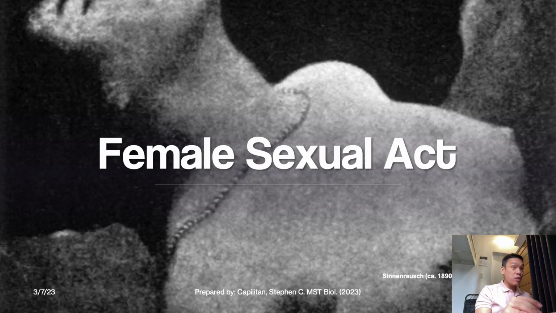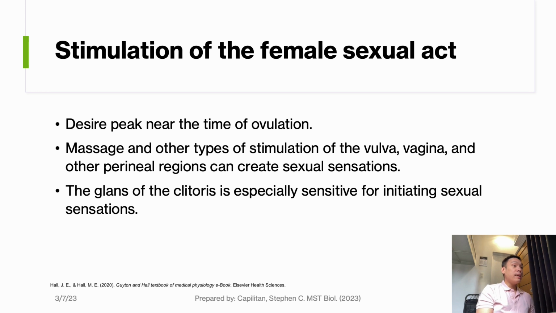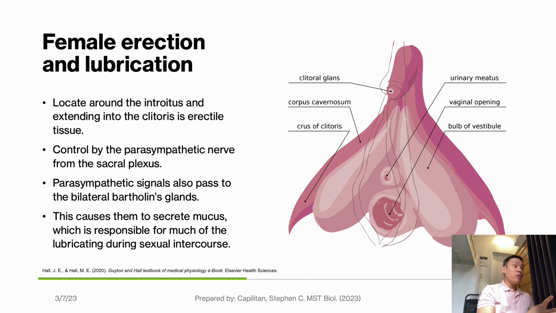Now, with the female sexual act, it is stimulated at the desired peak time of ovulation. Massage and other types of stimulation of the vulva, vagina, and other perineal regions can create sexual sensations. The glans of the clitoris is especially sensitive for initiating sexual sensations. With female erection and lubrication, the erectile tissue is located around the introitus and extends into the clitoris.